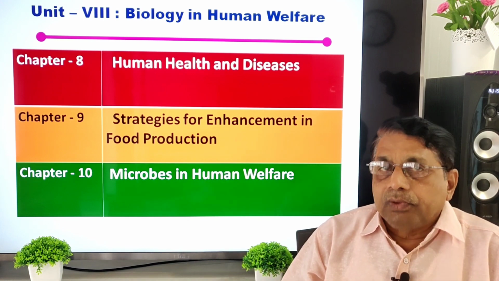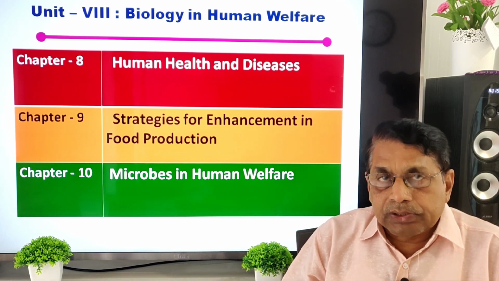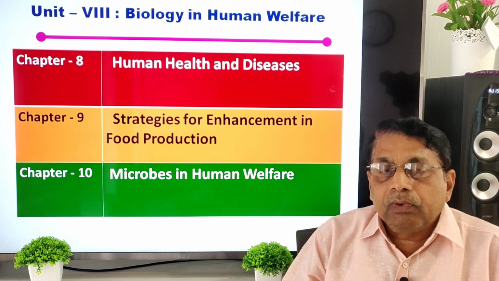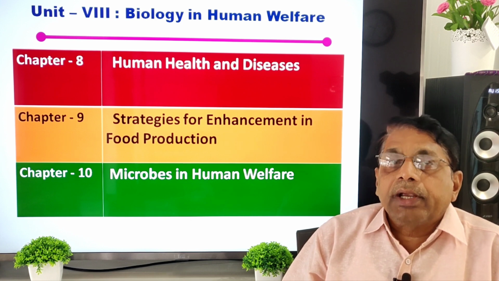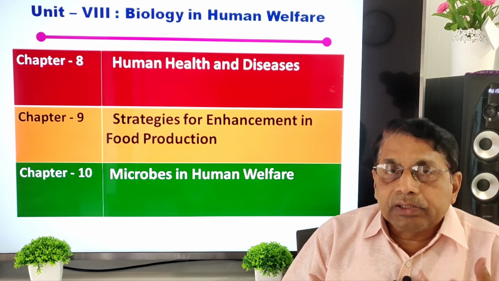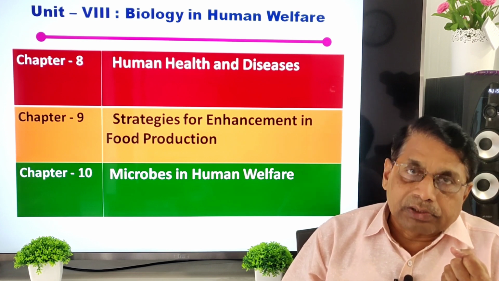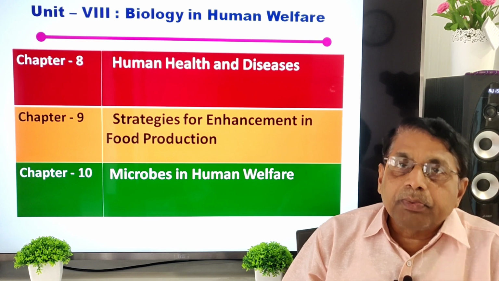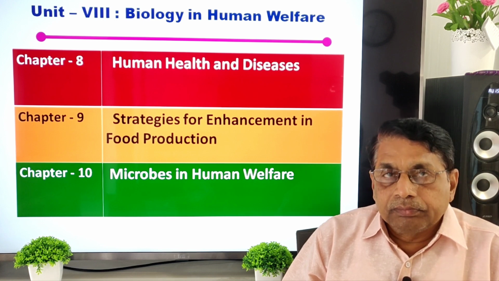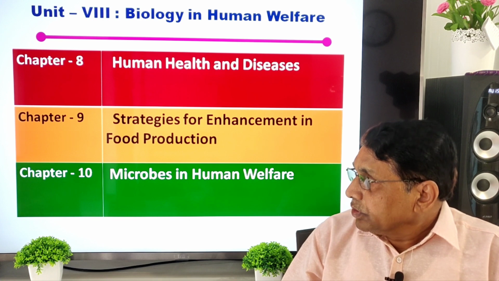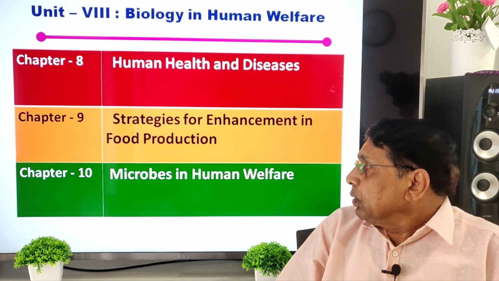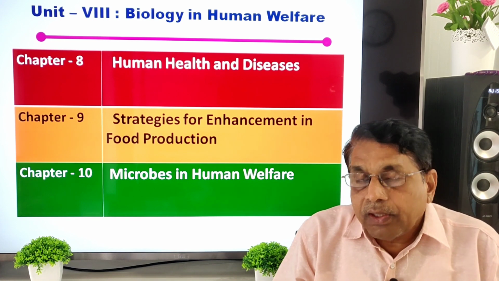Because we need the food, the population is increasing. So, what strategies are adopted to enhance the food production from plants as well as animals? What type of breeding programs are taken? Then chapter 10 deals with microbes in human welfare.